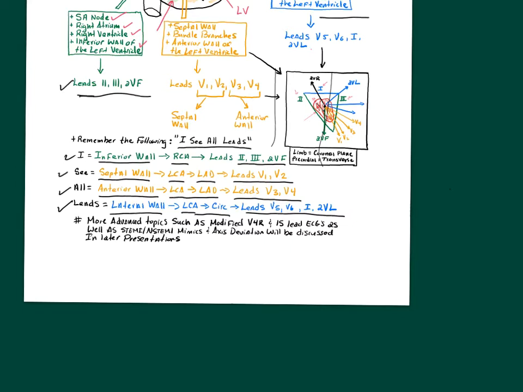We're not going to talk about them today. Okay, you guys okay with that? So far so good? All right, so just remember, I see all leads. Inferior, 2, 3, AVF, septal, V1 and V2, anterior, V3 and V4, lateral, V5, V6, 1, and AVL. So far so good? Excellent.